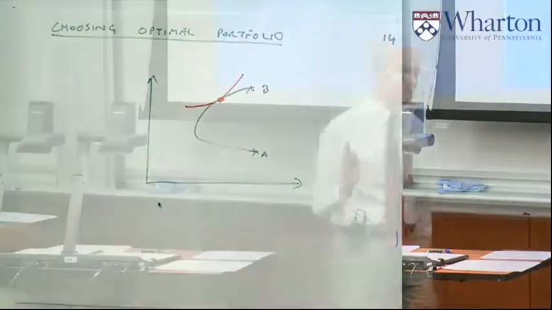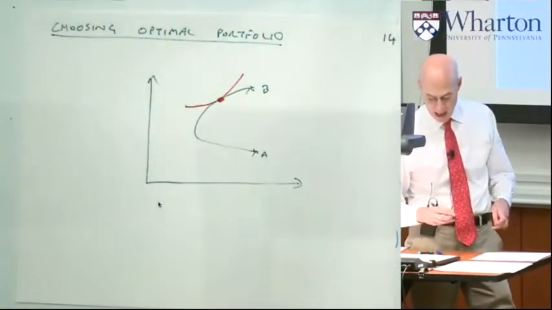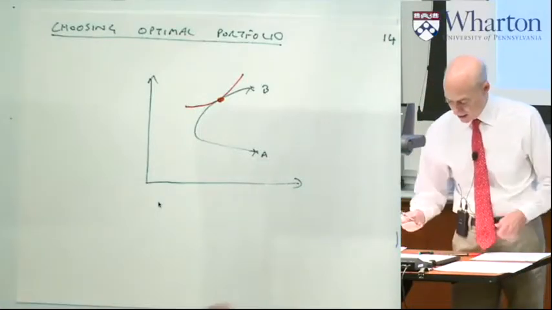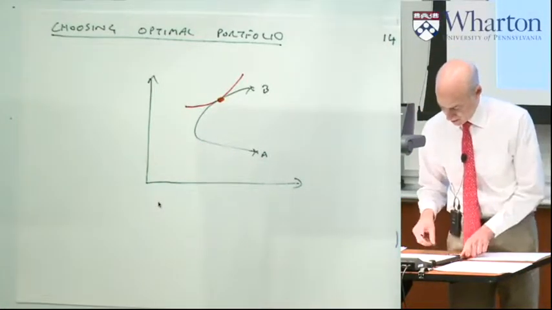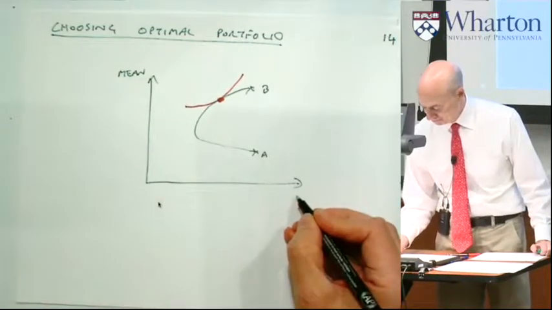If you were more risk averse, you would have what kind of indifference curves? Steeper. So which direction would you move? Left. You'd be moving down here. You'd have a lower mean and a lower standard deviation. So that's the optimal portfolio.